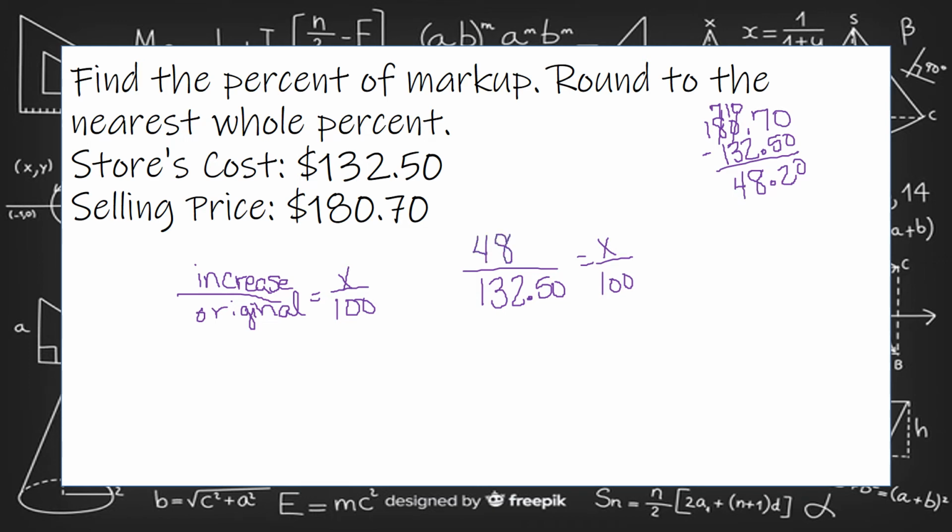So the amount of markup is $48.20. We're going to cross multiply 48.20 times 100. And then 132.50 times x.